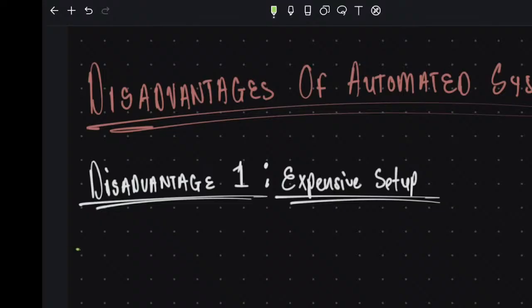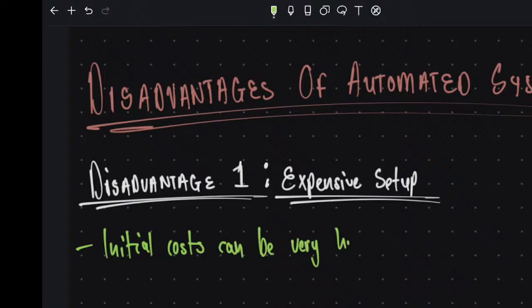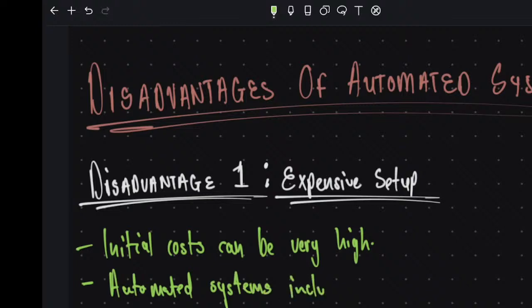So, initial costs can be very high. You can say automated systems include things like sensors.